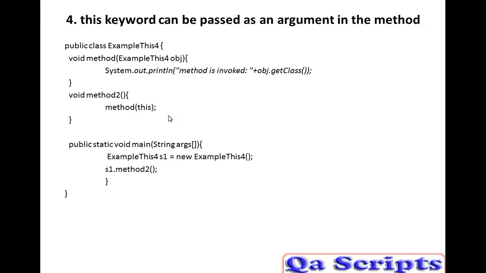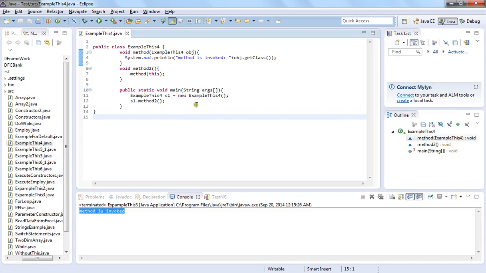Let us try to see the same example in Eclipse. So here I have this keyword getting passed as a parameter for the method, where we have a class object defined as a parameter for the method.